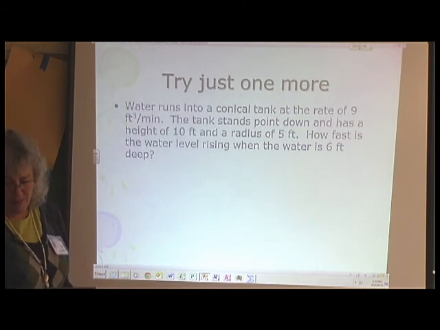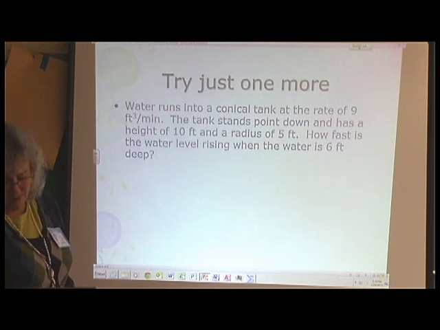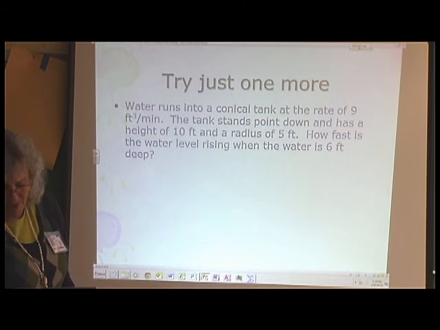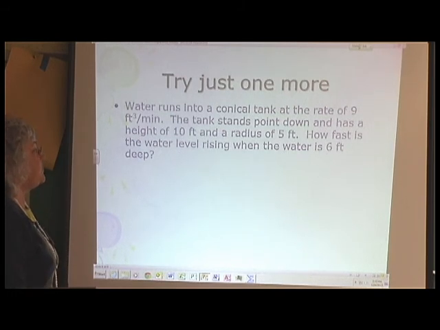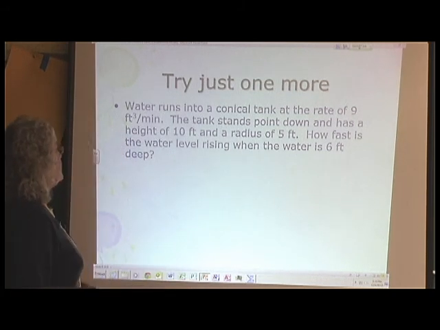Okay, one more, and this one involves a cone. Now, normally when you involve a cone, you have to use a ratio. And this says water runs into a conical tank at the rate of 9 feet cubed per minute.